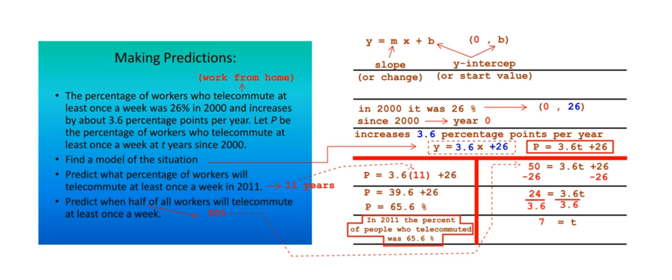So let's round it to 7 years, roughly. So that means that after 7 years, well, when does this start? 2000, right? So that entirely means that in 2007, because we go 2000 plus 7 gives us 2007. So in 2007, half of the workers telecommuted. And there is our answer for this particular case.